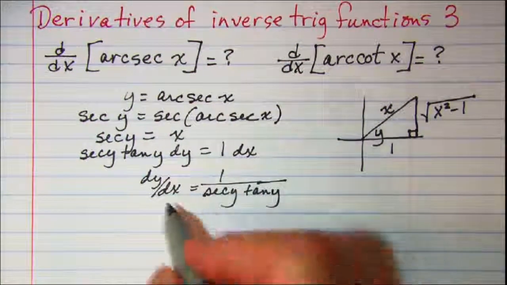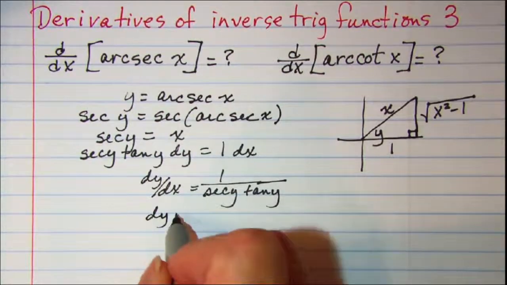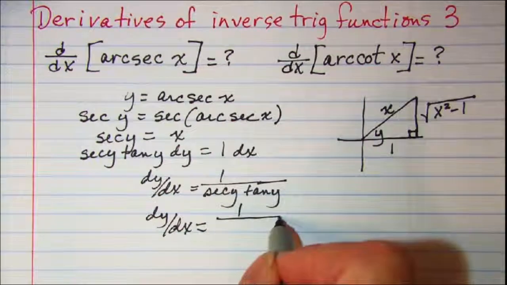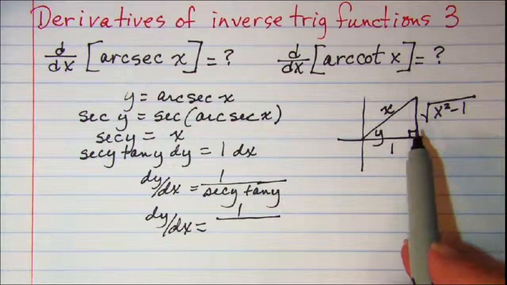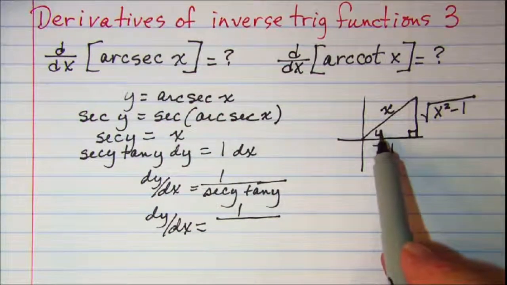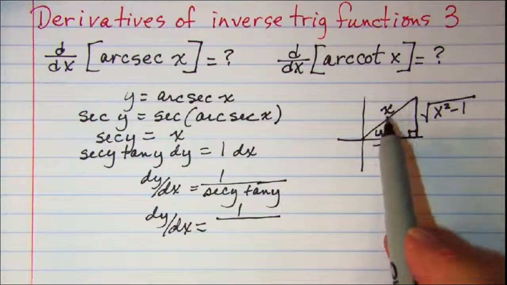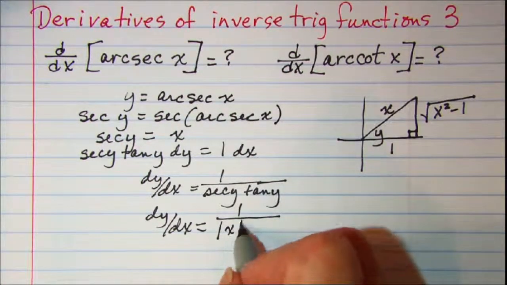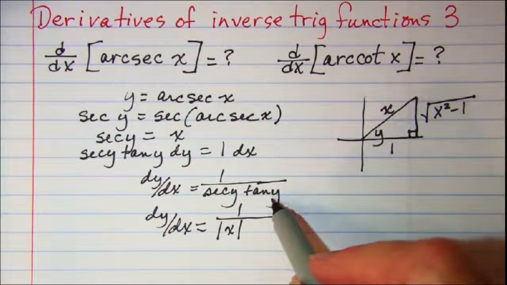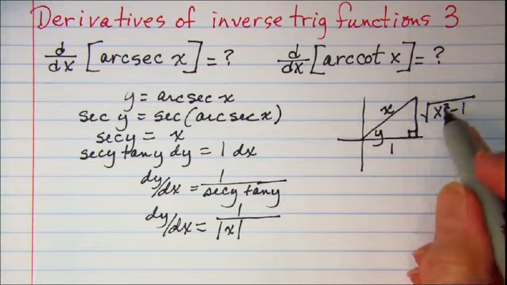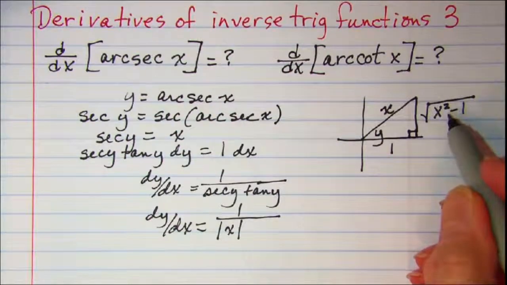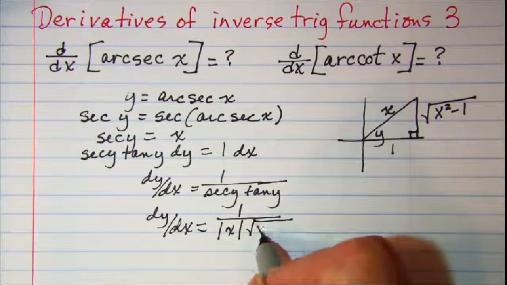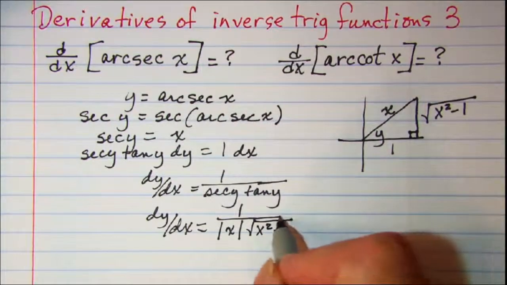So now I can sub in. dy dx is equal to 1 divided by the secant of this angle, which is x over 1, so I'm going to put my absolute value on the x there. And then the tangent of this angle is square root of x squared minus 1 over 1, or just square root of x squared minus 1.